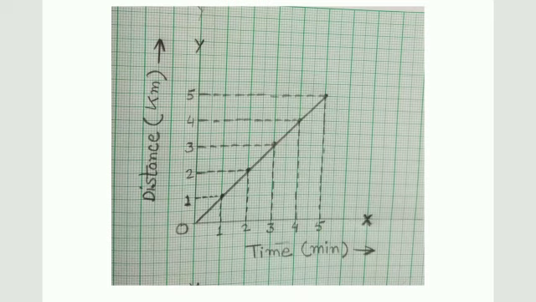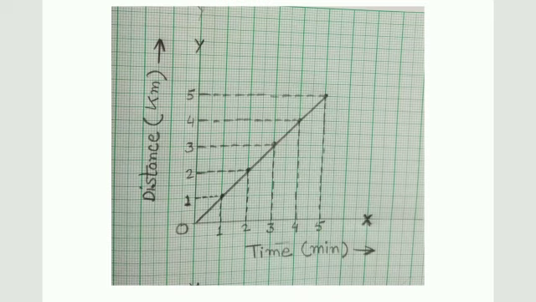Where the 2 points meet, plot a point or make a dot. And after all the 5 points, we just join or connect all the points and we get a straight line, straight but with a slope.